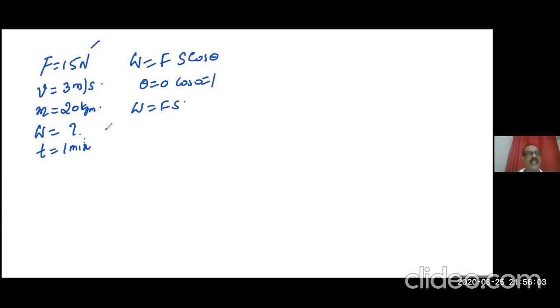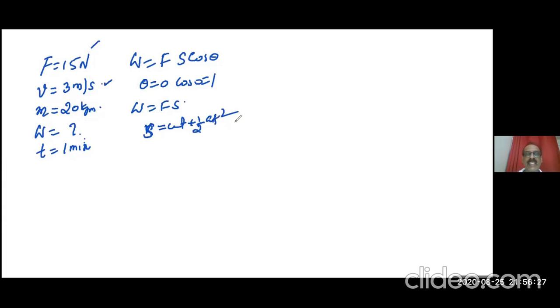So here we need s. s is equal to ut plus half a t square. This is a formula we can use, right? But the object is going with a constant velocity.